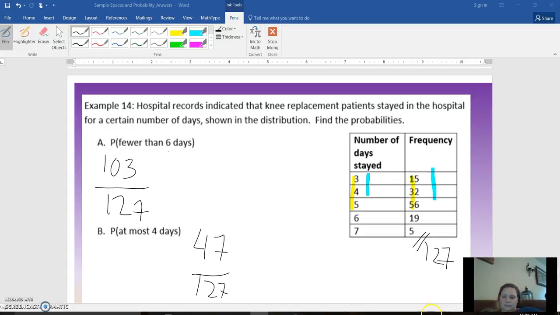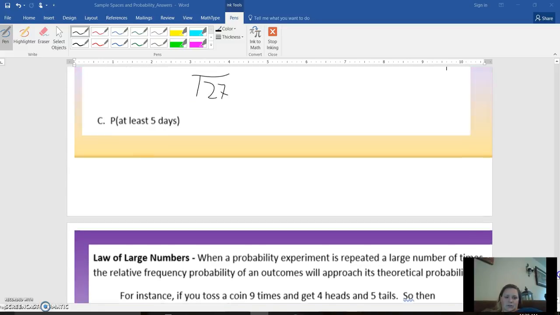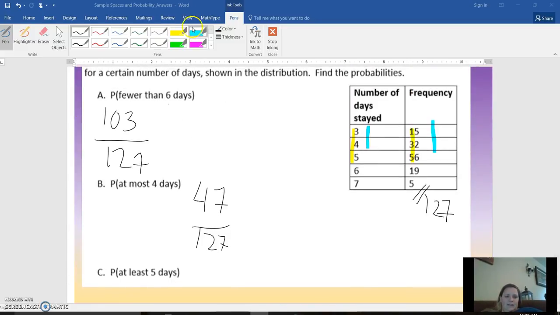There. So we're still doing what we're looking for, what we want over the total. Oh, at least 5 days. So that would be 5 days, 6 days, 7 days. So 56 plus 19 plus 5. We get 80 over 127.